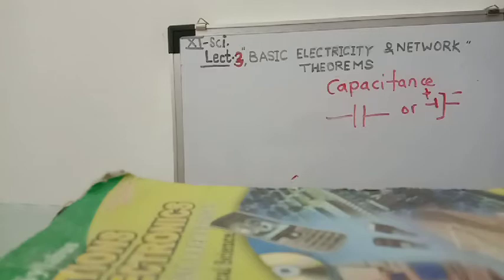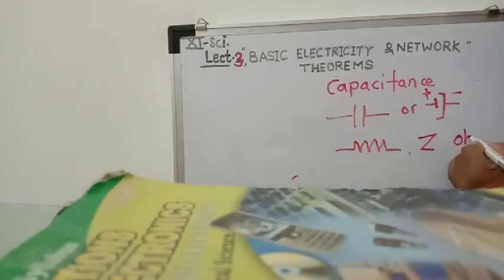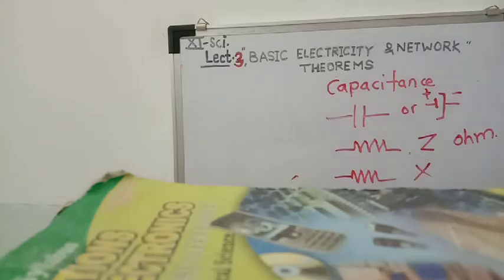Then impedance is also shown like this. Impedance is indicated by the letter Z, and its unit is ohm. Then reactance is also indicated like this, just like resistance, and it is shown by the letter X. There are two types of reactances, inductive reactance and capacitive reactance.